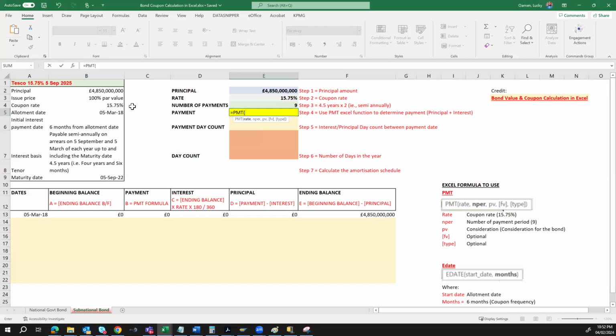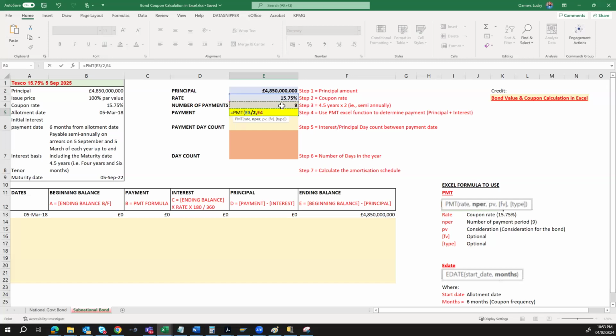Mind you, this rate of 15.75% is an annual coupon rate, but because we're receiving a semi-annual coupon payment, we're going to divide the rate by 2. So I'll select the rate 15.75% divided by 2, to give me my rate semi-annually. Then comma, then the number of payments, which we've calculated to be 9 installment payments to be received in your bank account for your company.